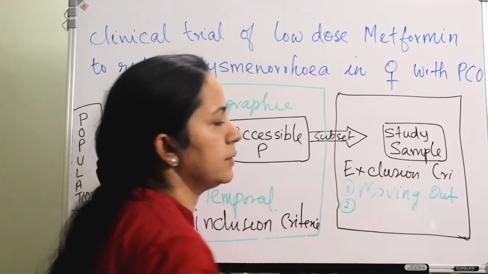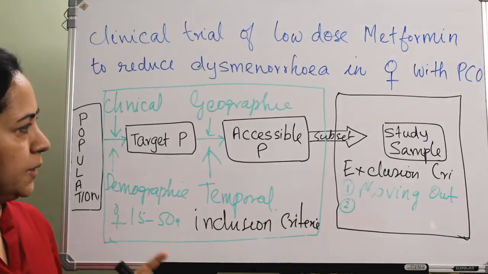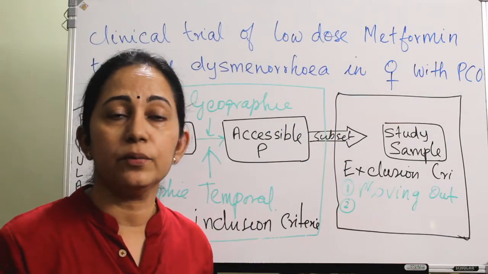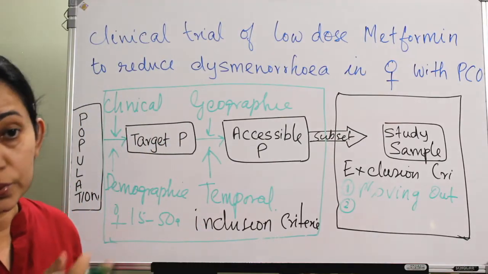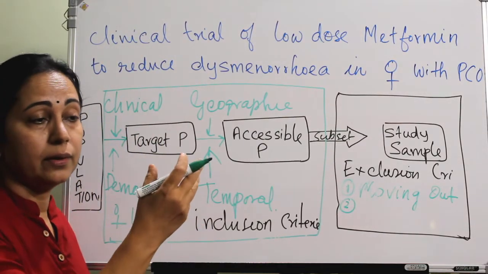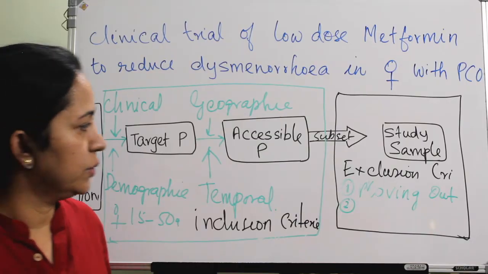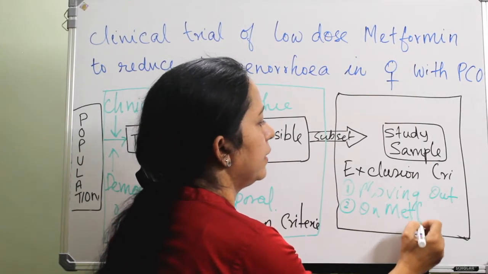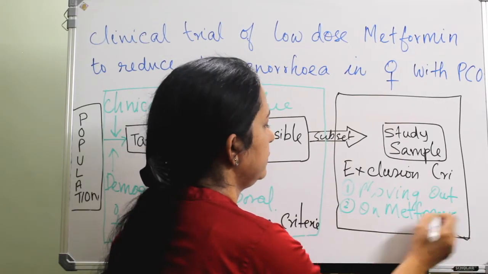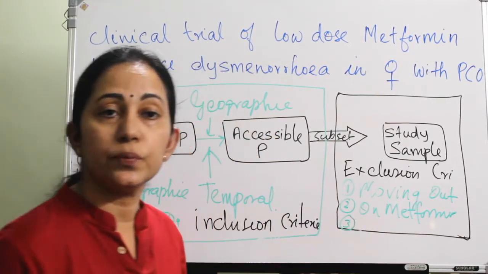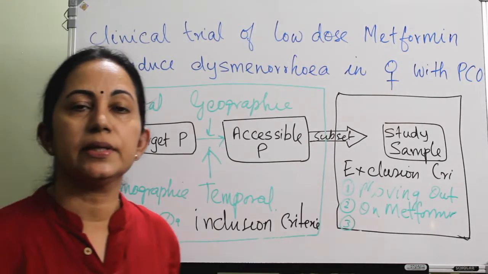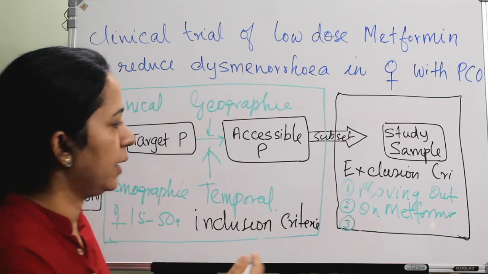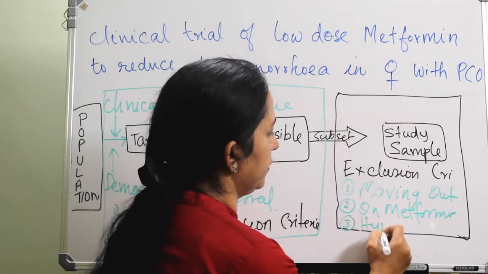And second, interfere with the metformin, that is already on metformin for some other reasons. So they will reduce the quality of your data. So already on metformin for some other reason, they are excluded. And also we can exclude hypersensitivity reaction to metformin, isn't it? So hypersensitivity or allergy to metformin.